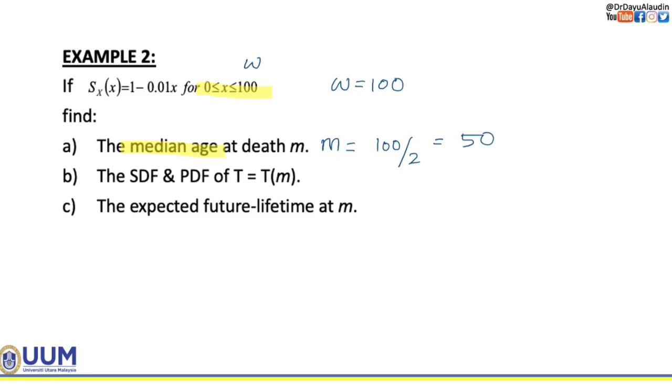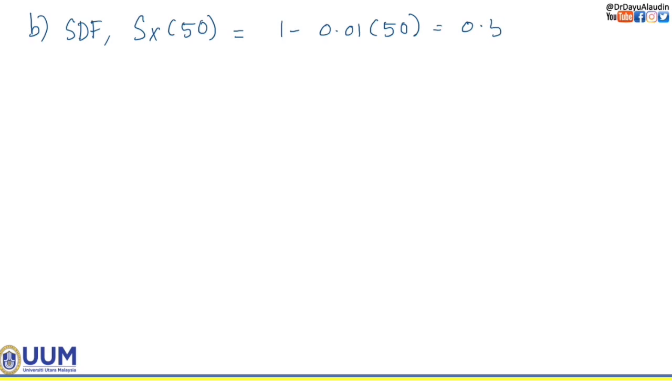Part B, find the SDF and the PDF of the future lifetime of m. So m is 50. For B, the SDF for future lifetime at m equal to 50. So S(50) is equal to, we plug in the function and we get 0.01.